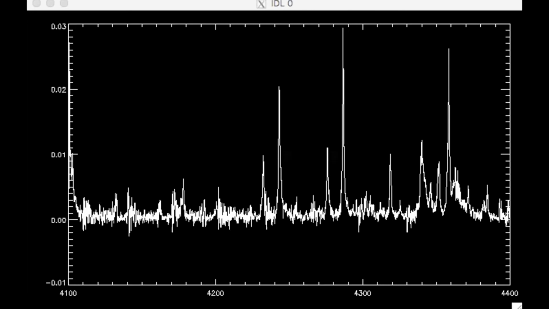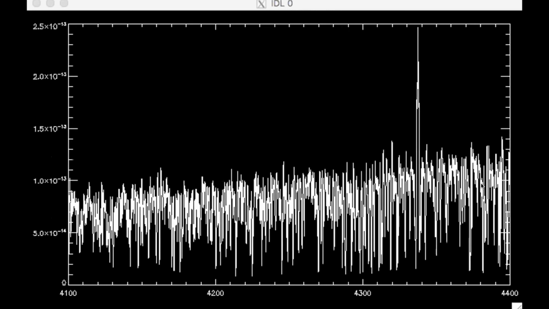Okay, another example is, let me just make sure. I need to check which spectra I have here. Okay.